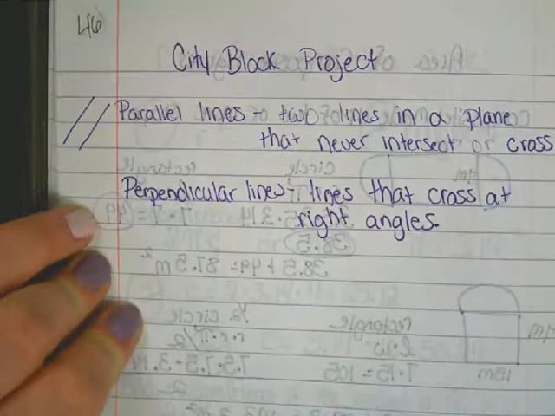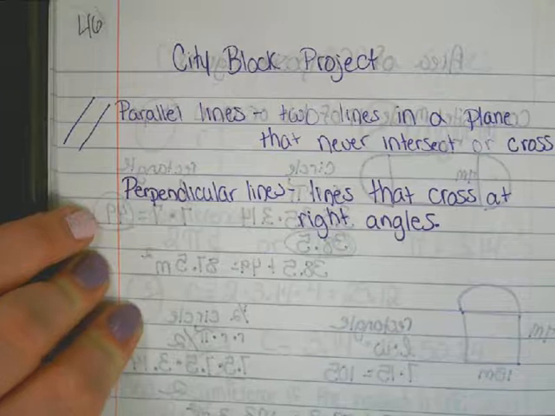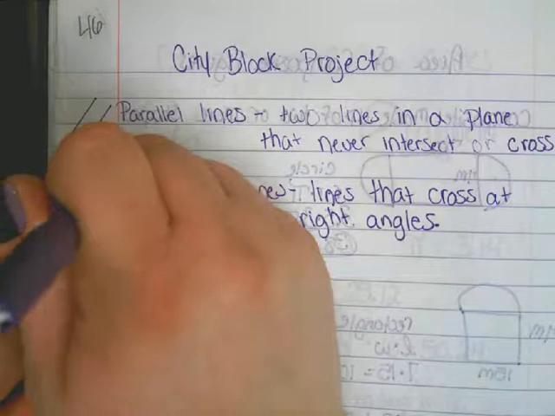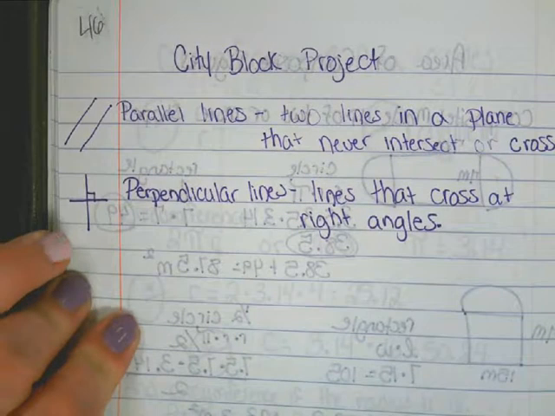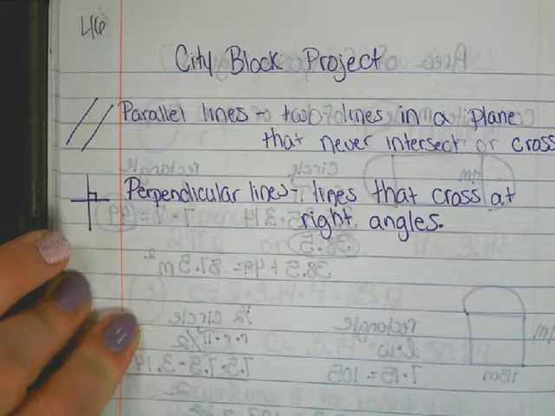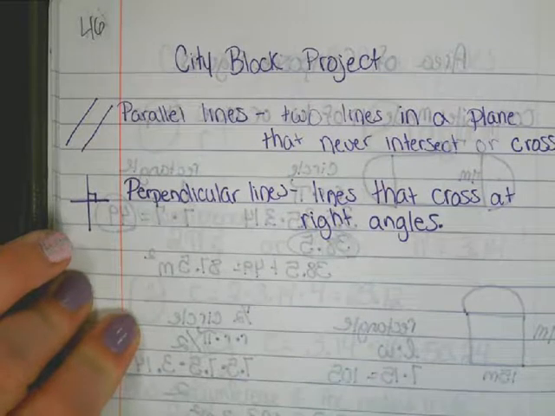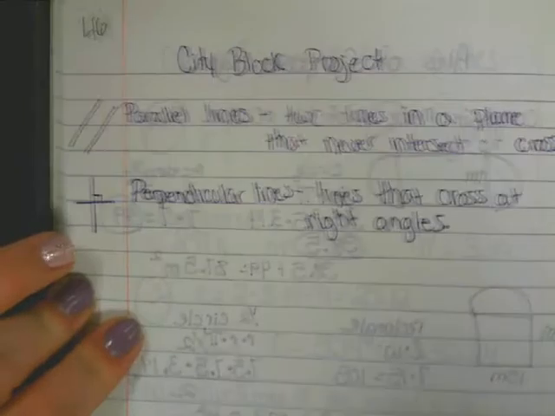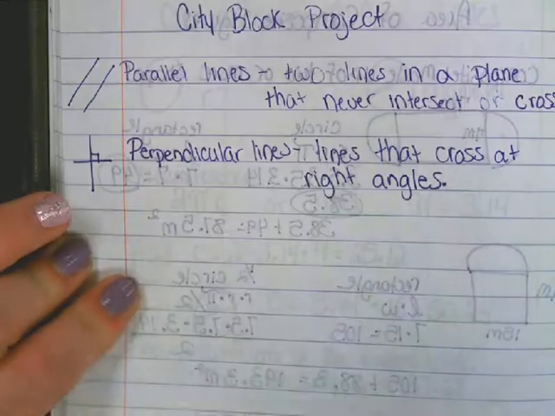And you can always tell it's a right angle because they're going to make that little box that's at 90 degrees. So you can tell that that is a right angle. Okay, so everybody should remember parallel and perpendicular lines, right? Not too hard. The next one is called a transversal.